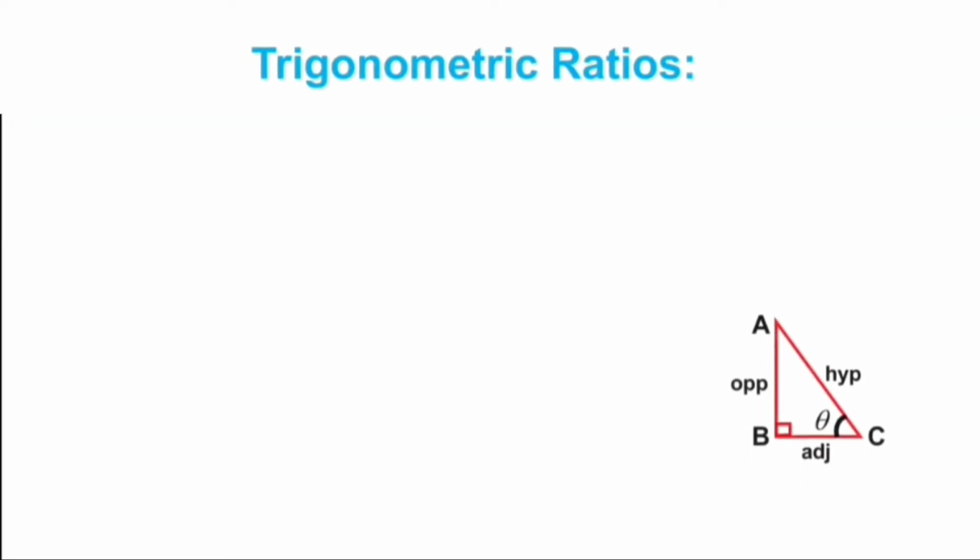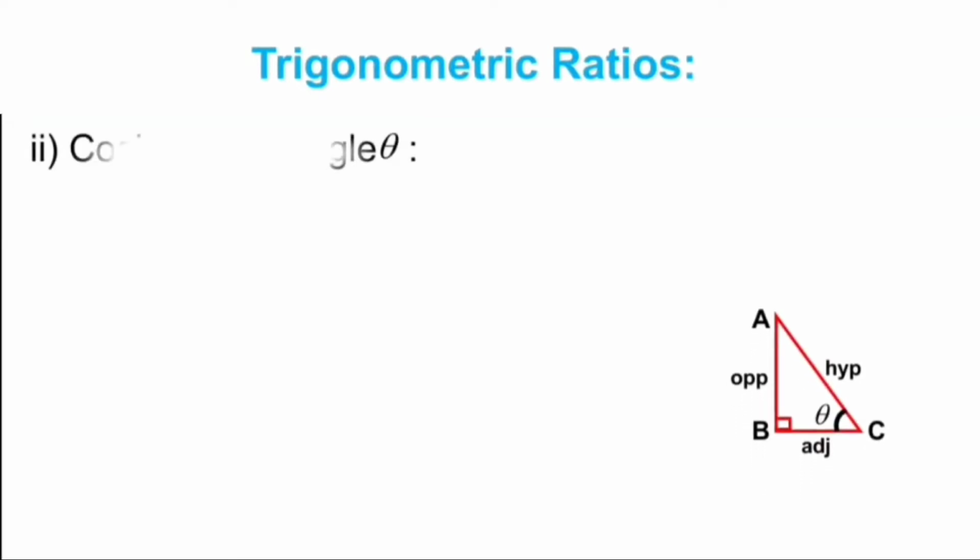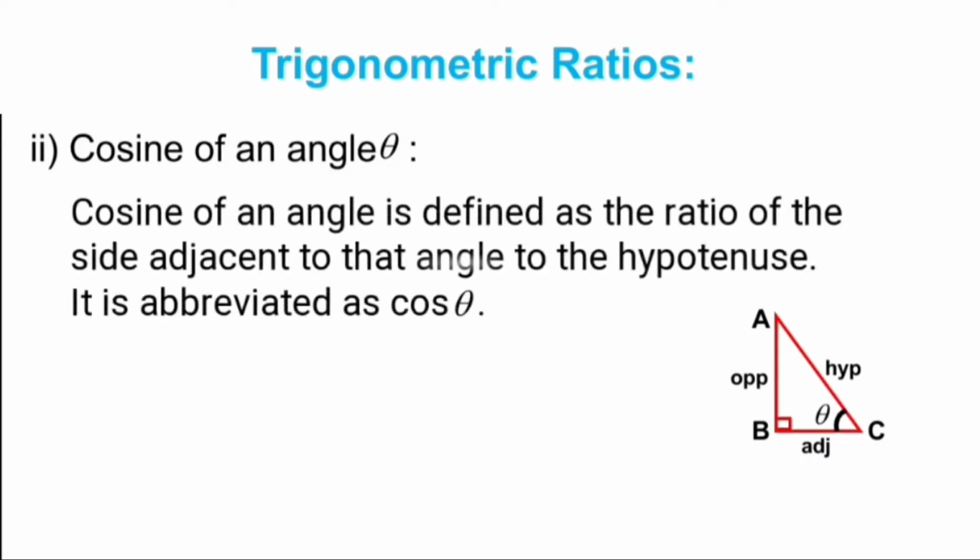Children, the next one, cosine of an angle theta. Children, cosine of an angle is defined as the ratio of the side adjacent to that angle to the hypotenuse. It is abbreviated as cos theta.